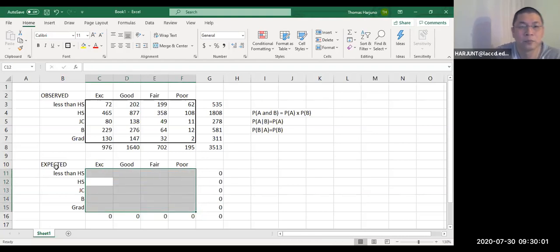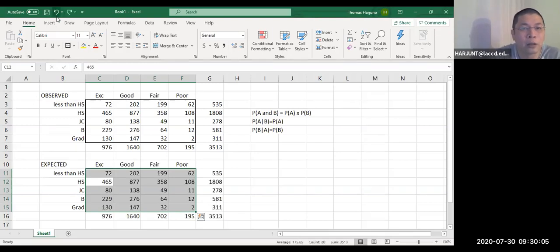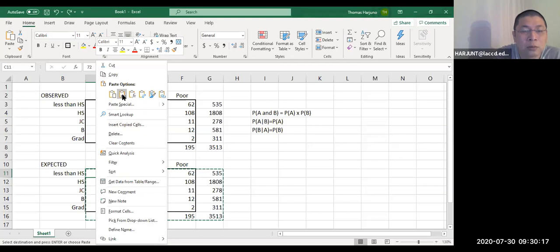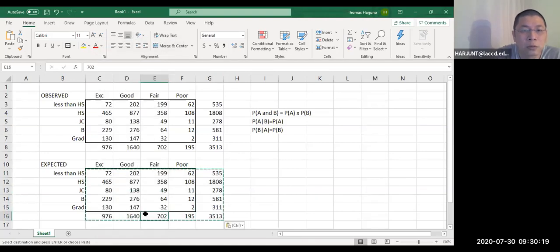Okay, what am I doing? Let me copy that first. That's not what I want. Copy and then paste it as value. Okay, so these are values right now. I will delete this.